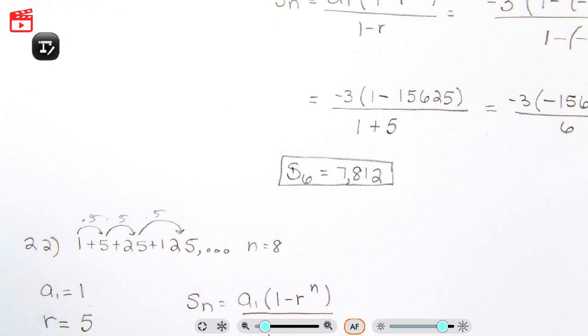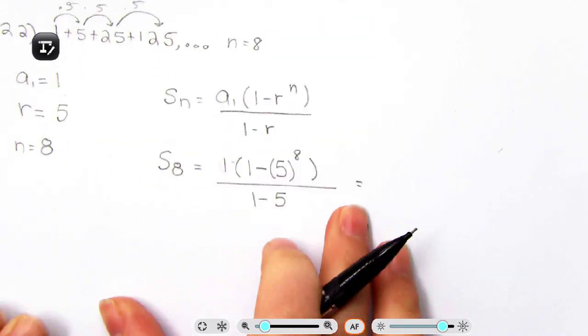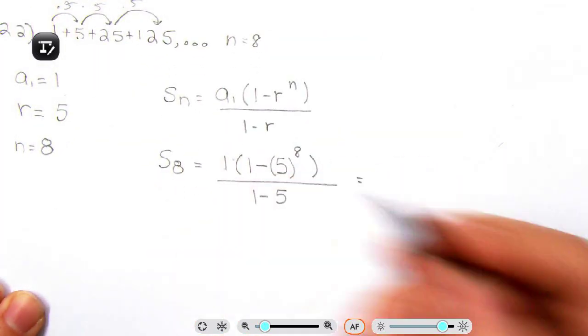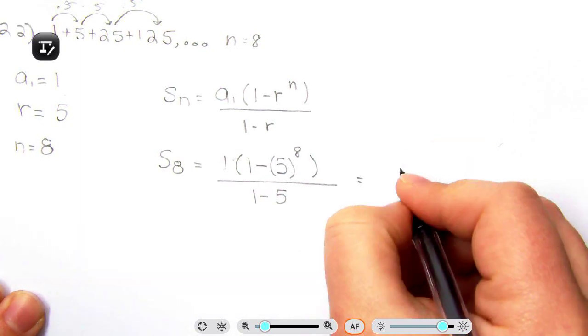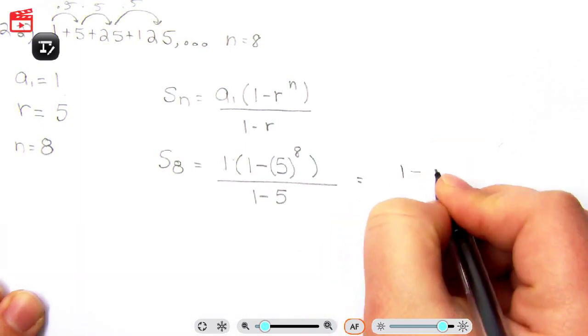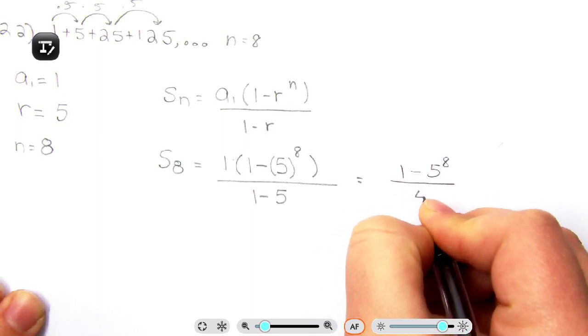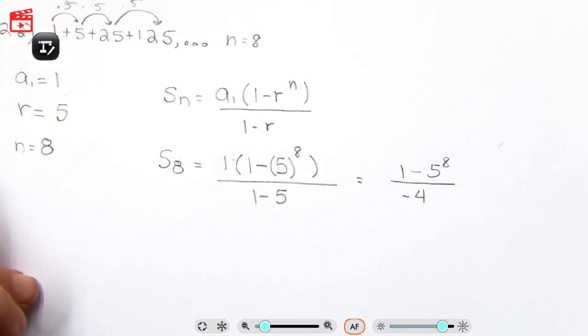We know r is 5, to the 8th power, all divided by 1 minus 5. I'm going to get rid of this 1 because anything times 1 is whatever. So 1 minus 5 to the 8th power divided by negative 4.